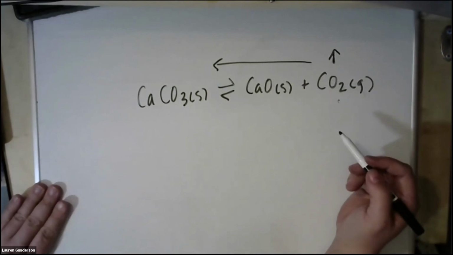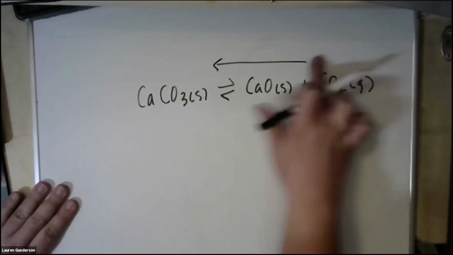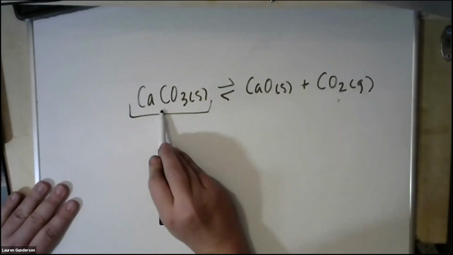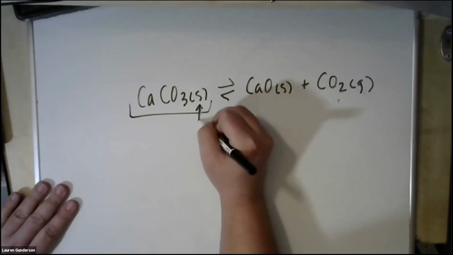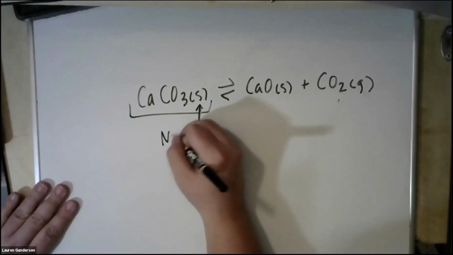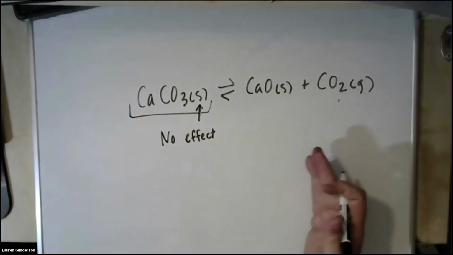The second part of that question said, what is the effect of adding additional CaCO3? Okay. If we add additional CaCO3, CaCO3 is a solid. If we add more solid, it's not going to change the direction of our equilibrium at all.